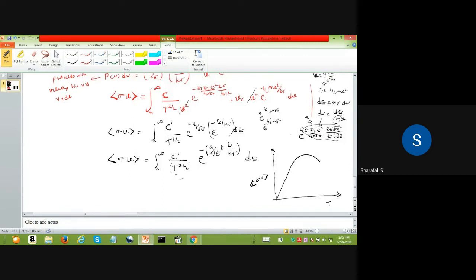But at a high temperature, this term will be dominating as compared to this term. So at high temperature, this term will be decreasing the total function value, but this term will try to increase. So both these terms will act together at a particular temperature, and the resultant function, the average value of sigma v with respect to temperature, will be like this.